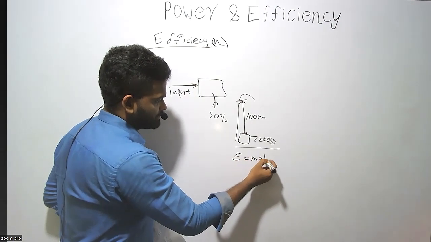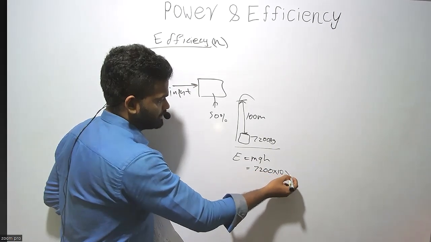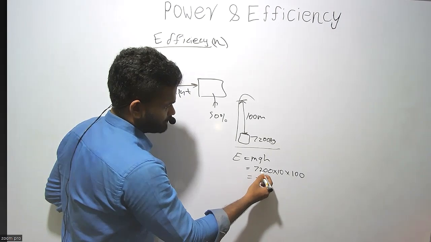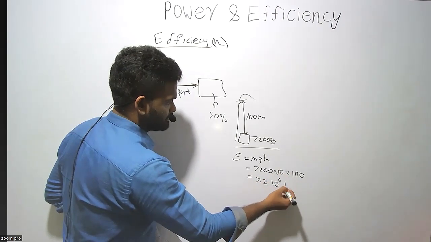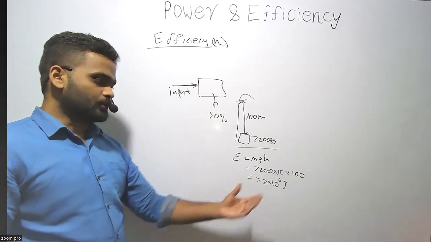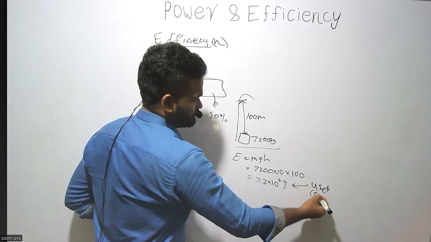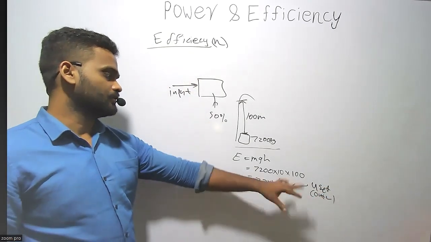So mgh. Mass is 7,200, g is 10, h is 100. So this is 7.2 times 10 to the power 3, times 10 to the power 3, which is 10 to the power 6 joules. So this is the output, or the useful work.